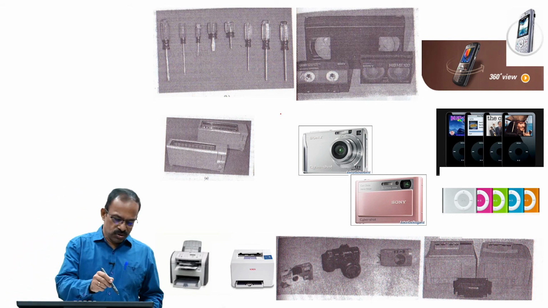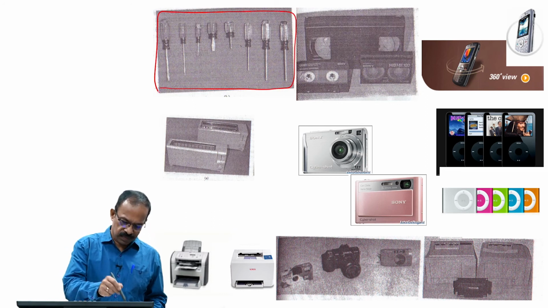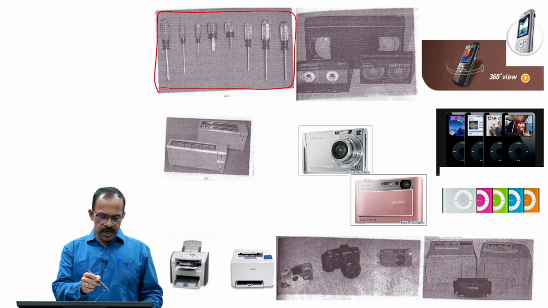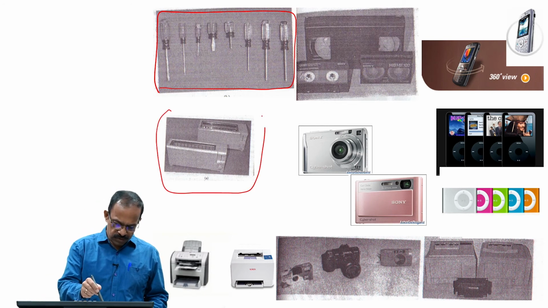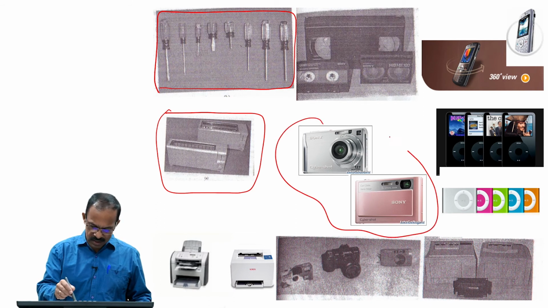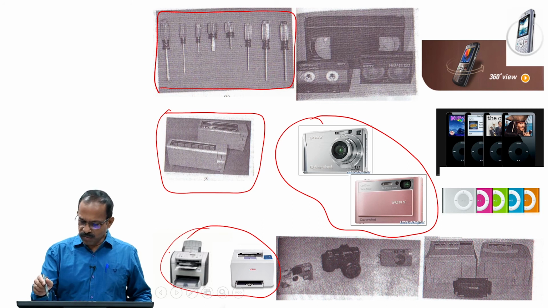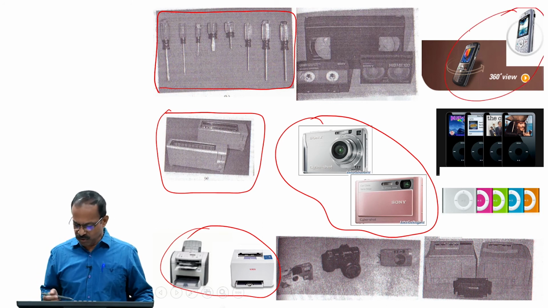Here you see a set of screwdrivers, and here a set of toasters, and different cameras, different printers, and of course, multiple models of phones, and other things like iPad and washing machines, etc.